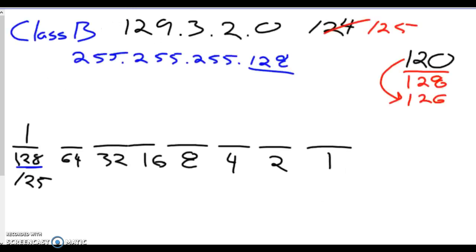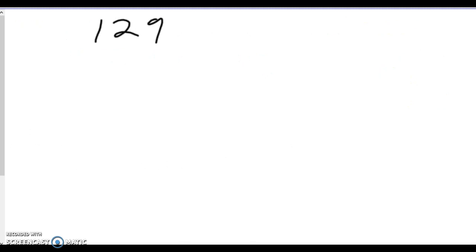So now let's try supernetting. Same example, 129.3.0.0. That's what we start off with. Now to supernet, we're going to be working in the opposite direction.